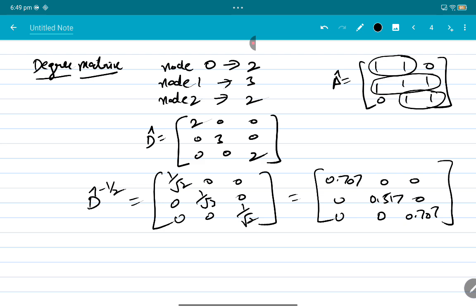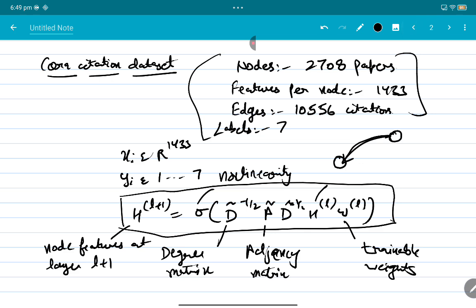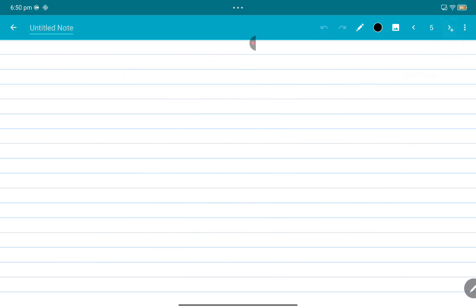Now we have to compute this quantity first. Let's give it a name, which is S. So it is D hat minus half, A hat, D hat minus half.